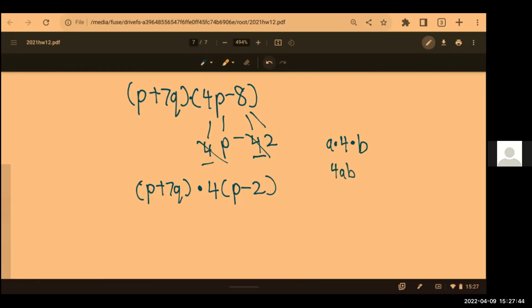Okay, so since your reason is that the number needs to be in front, then what about the one on the left hand side? Does it make sense for you to put the 4 in front as well? This is the letter, right? This is also with letter, right? The 4 is in front. Sandwiched.